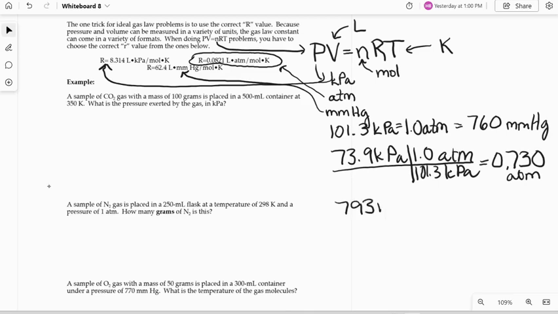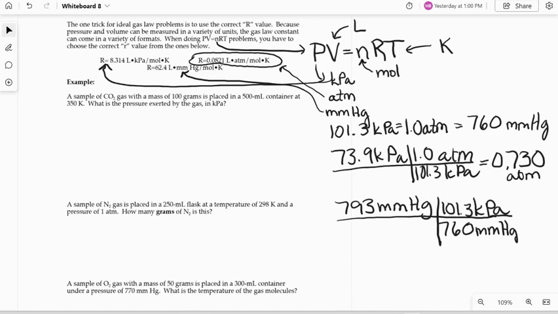Same thing, let's just say 793 millimeters of mercury. Let's change it to kilopascals. I put millimeters of mercury down here to cancel. Remember the pattern. Whatever's in your given always goes in the next conversion factor on the bottom. And then I'm going to change it to kilopascals. Millimeters of mercury stays with 760. 101.3 stays with kilopascals.